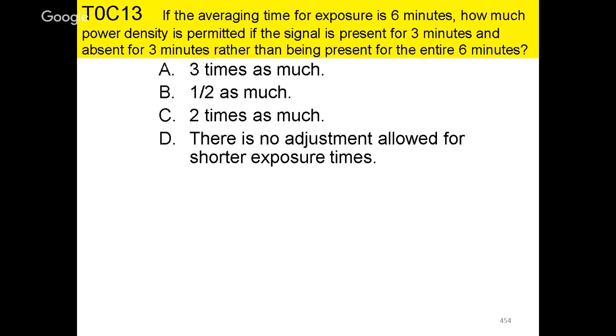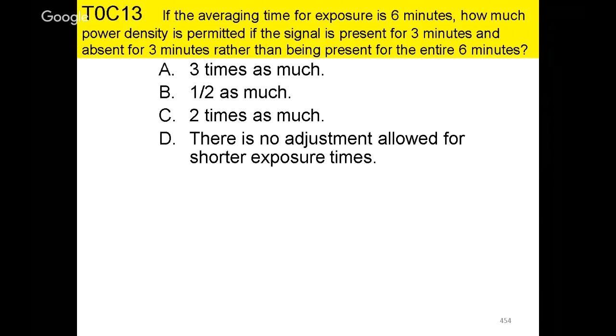If the averaging time for exposure is 6 minutes, how much power density is permitted if the signal is present for 3 minutes and absent for 3 minutes, rather than being present for the entire 6 minutes? Well, here again, you're looking at it pretty much as a 2-to-1 type operation.